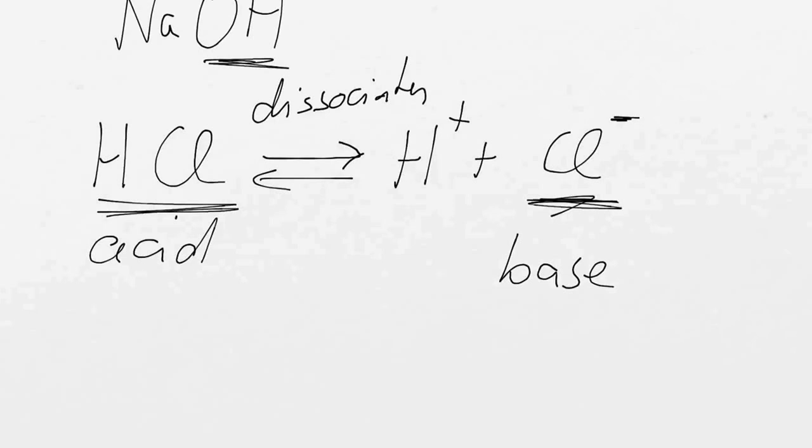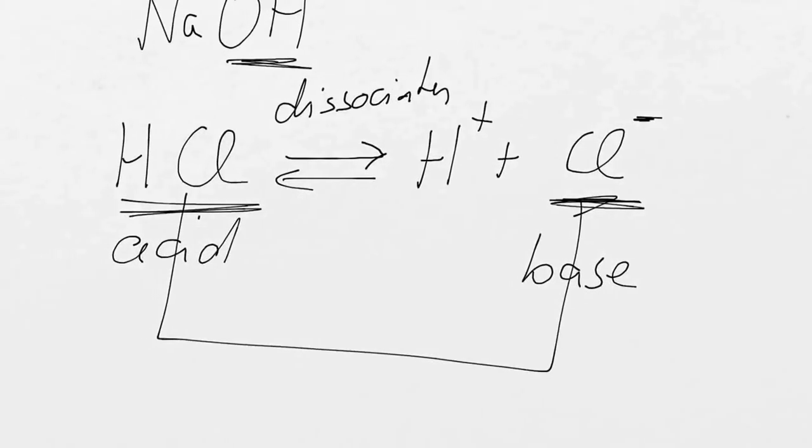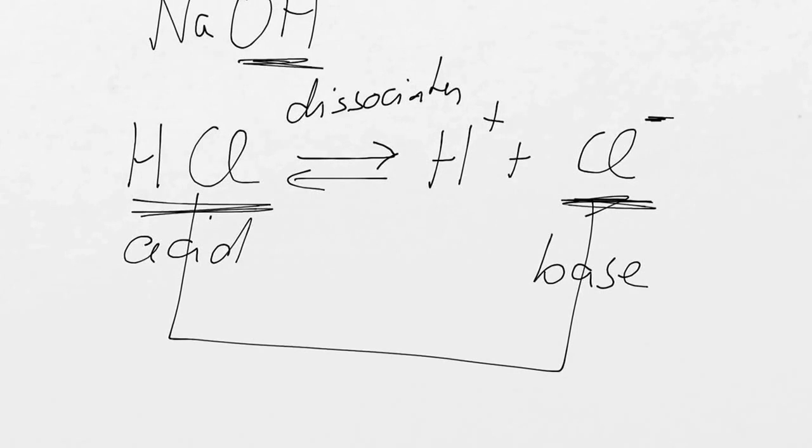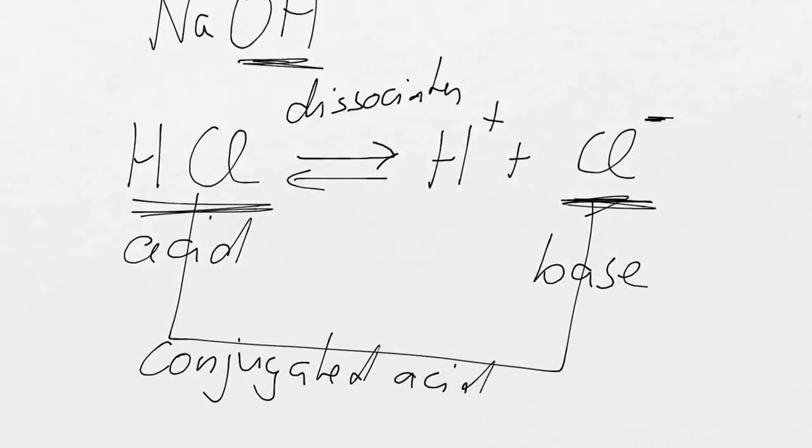And because we are related to each other, and here the chloride and the hydrochloride are related, we speak of a conjugated acid-base pair.